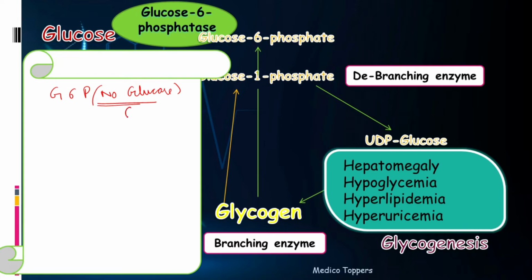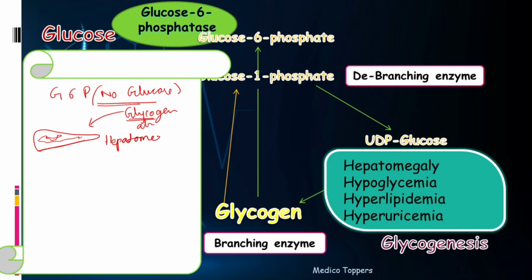There will be more glycogen, and that too abnormal glycogen, because branching and debranching had not been done properly. More glycogen will be circulating in the bloodstream, and this glycogen goes and deposits in the liver. They get deposited in the liver like this and form hepatomegaly. That is the first reason.